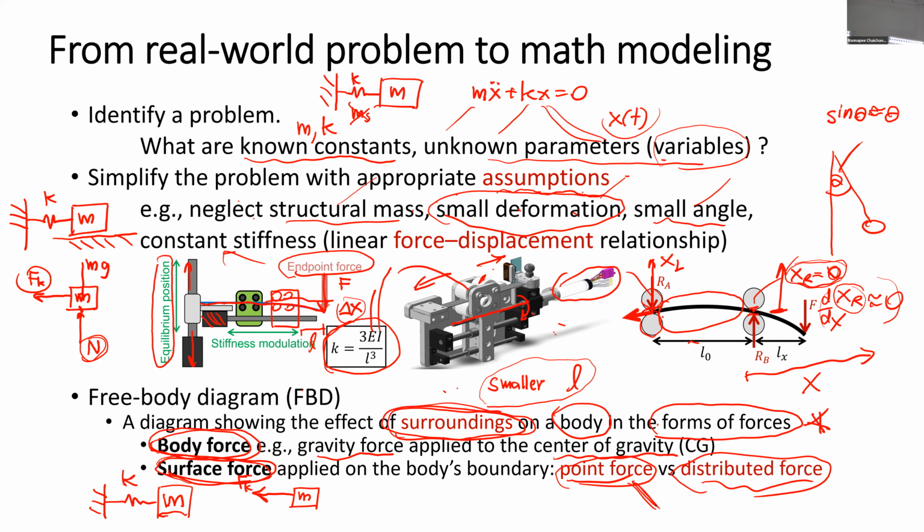Many times we have distributed force in the system, but we assume it to be a point force, like the normal force. Also, mg is a distributed force in the body, but we assume it to be a point force applied at the CG.